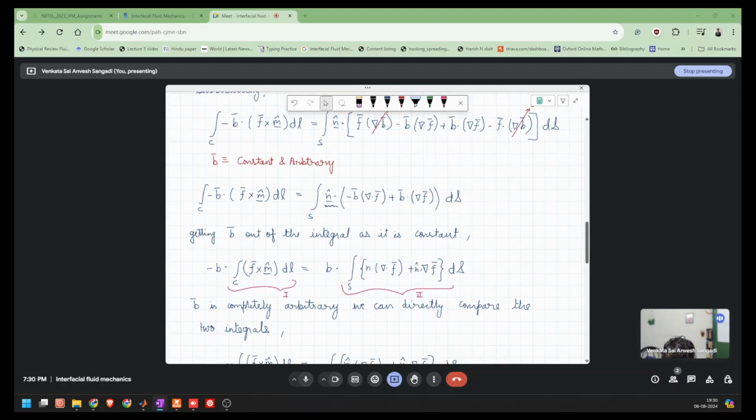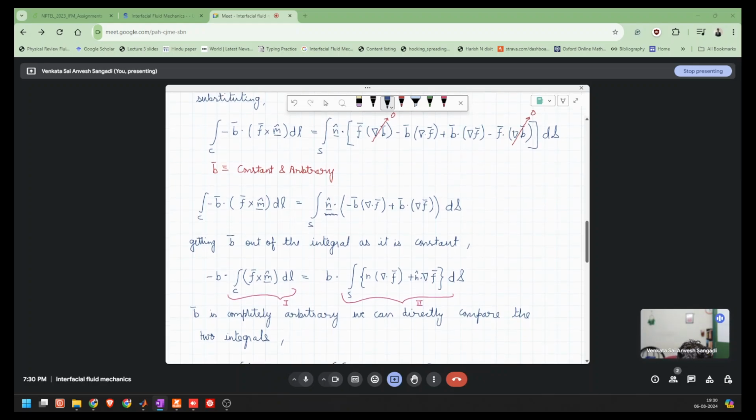So there is a small change here. We have missed the negative.